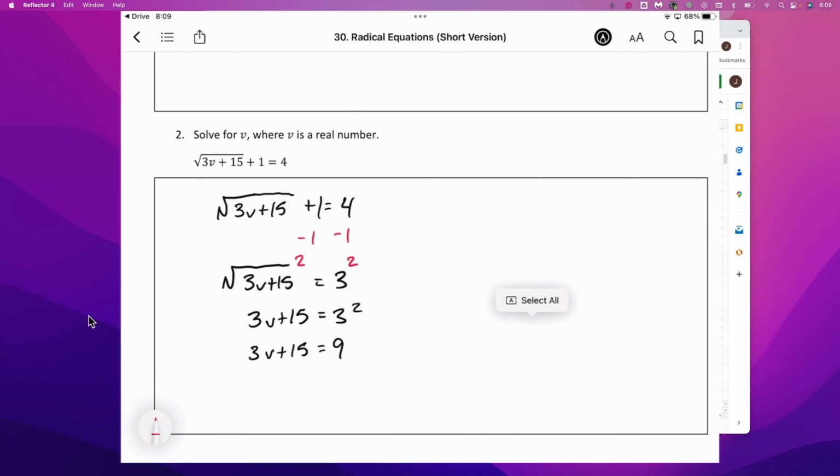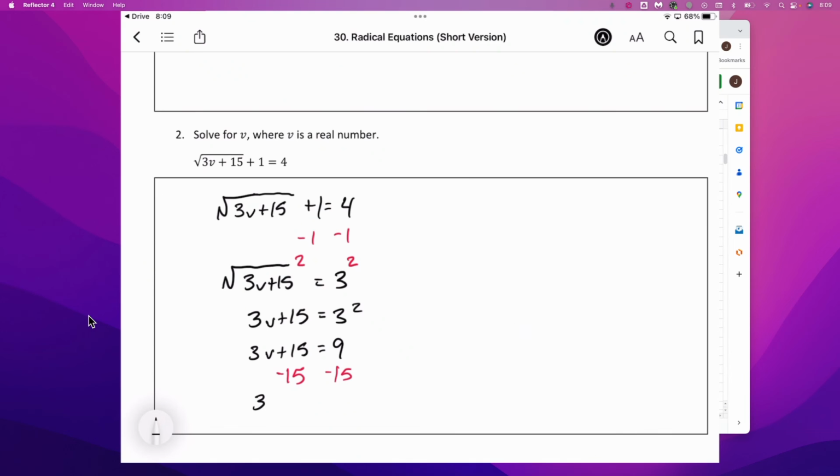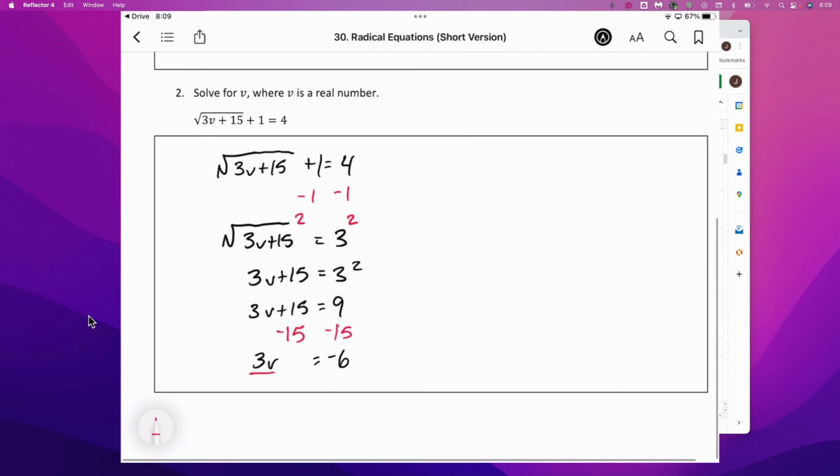Next step will be to subtract 15 from both sides, just like a normal equation. And we get negative 6 divided by 3. And we end up with v is equal to negative 2.